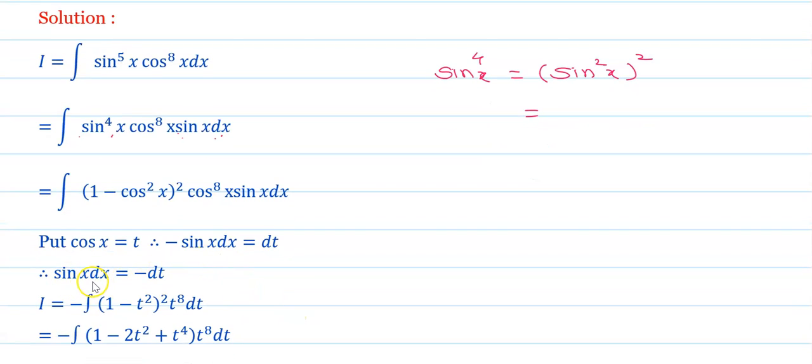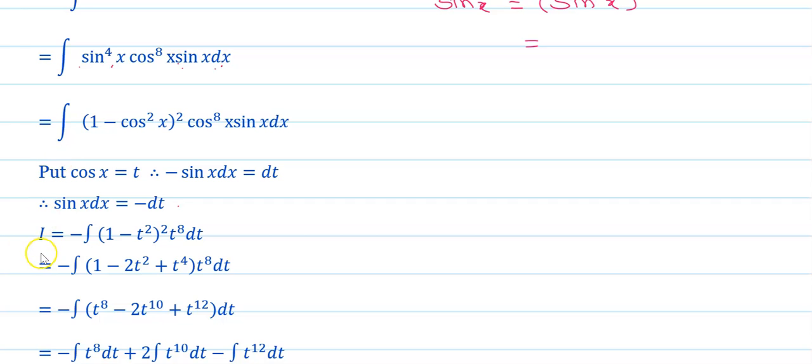Therefore sin x into dx is equal to minus dt. Substitute here. Therefore I is equal to minus integral. What about the minus sign? The minus sign comes from sin x into dx, that is minus dt. Integral 1 minus t square, bracket square, t raised to 8 into dt.